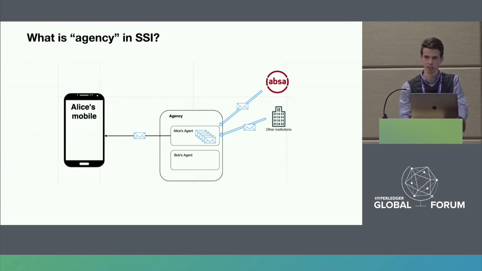She wants to receive digital credentials and communicate with various institutions. So Alice will use an agency to create her agent, and then this agent will act on her behalf. Once Alice's phone comes online, it can fetch all the messages received in the meantime. So the agency enables cross-domain, bidirectional asynchronous communication between parties.